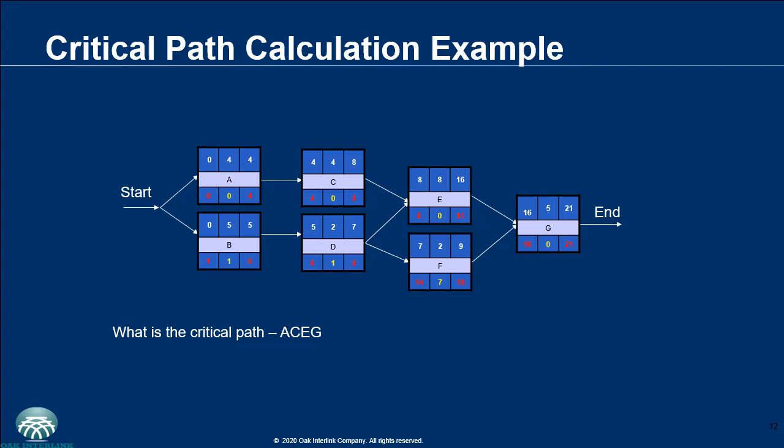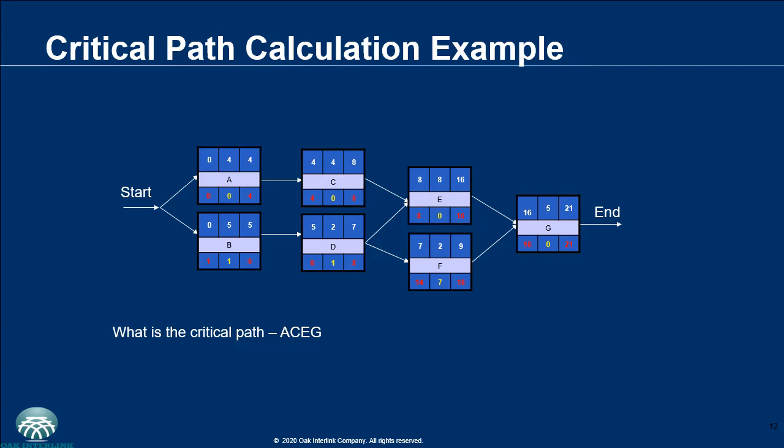So what you have there is a convergence, and at the convergence, what do you do? You pick the larger or the largest of the early finishes. In this case, between C and D, the larger early finish is 8. So for E, the early start becomes the larger early finish between C and D, which is 8.